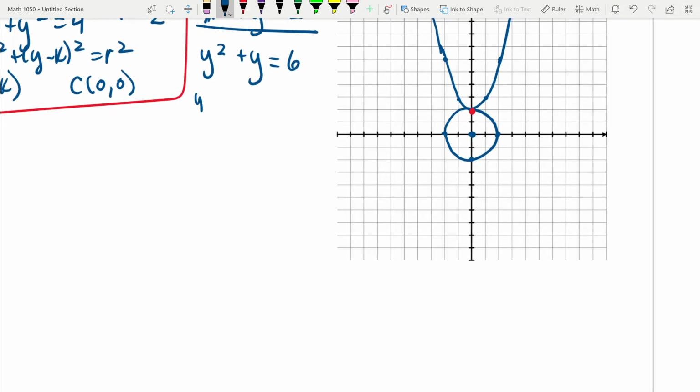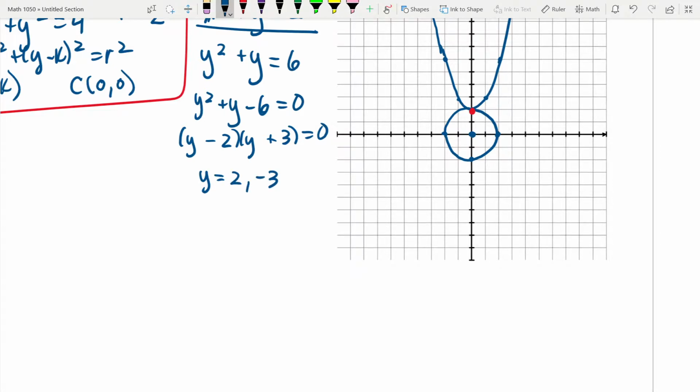Pull my 6 over. So I have y squared plus y minus 6 equals 0. Then I factor. So it's going to go to a y and a y. The 6 is going to go to a 3 and a 2. Signs are different. Biggest is the plus. So the 3 is a plus and the 2 is a minus. And I get y equals 2 and y equals negative 3.